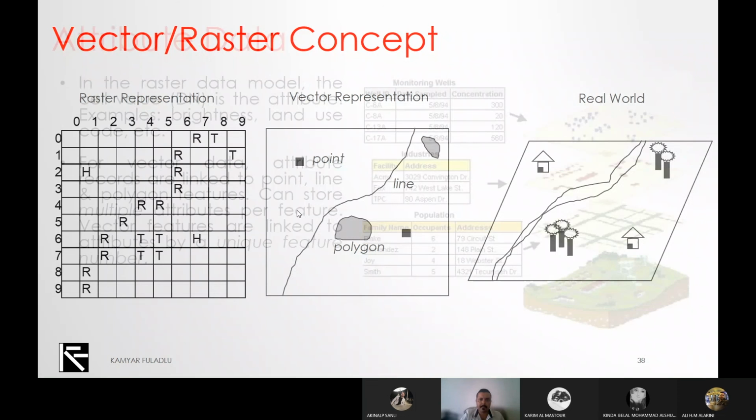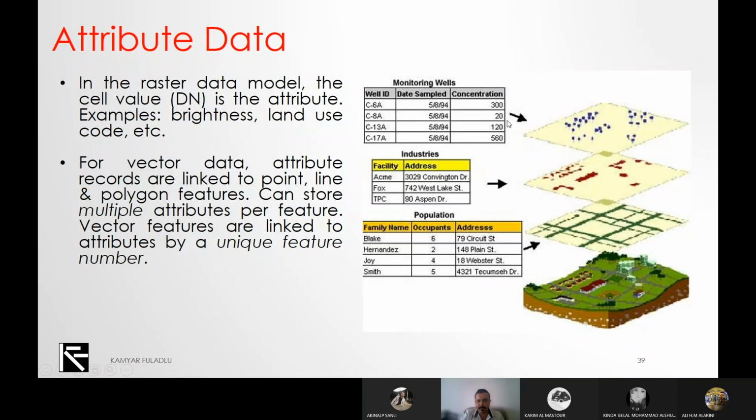And as I said again, each of these data can have an attribute or descriptive, either vector or raster. The attributes, in a raster and a vector, come from these kinds of tables. They are connected to the vector and raster. They are linked together.